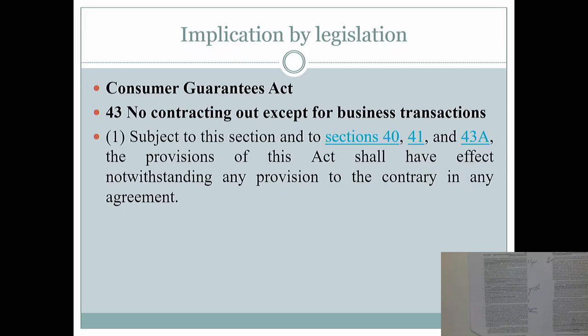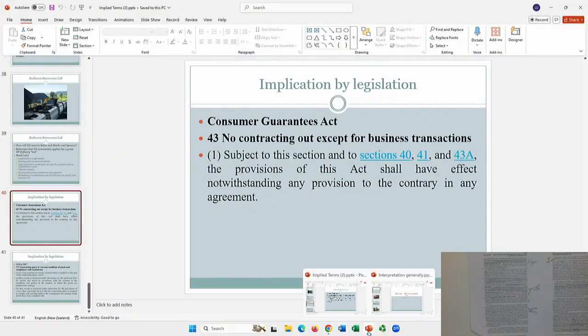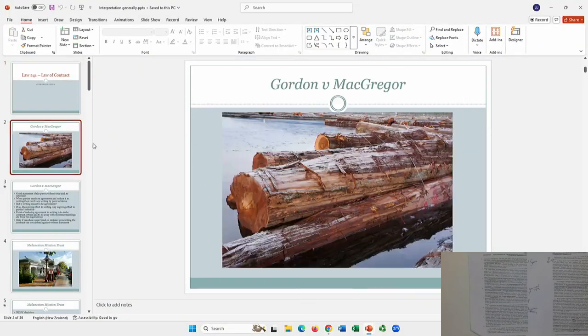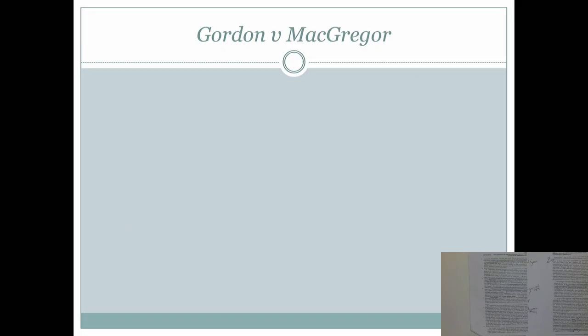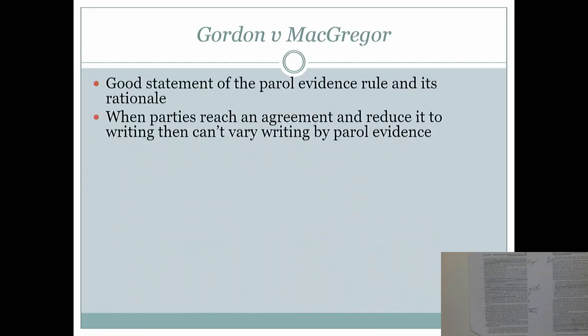The first case I've given you in the readings on interpretation is not a good statement of the current law, but it is an example of the traditional parol evidence approach to interpretation, and particularly the reasoning for it. When parties reach an agreement and reduce it to writing, then they can't vary that writing or bring in evidence from outside it to contradict that written agreement. The question always is, is the writing meant to be the parties' agreement?